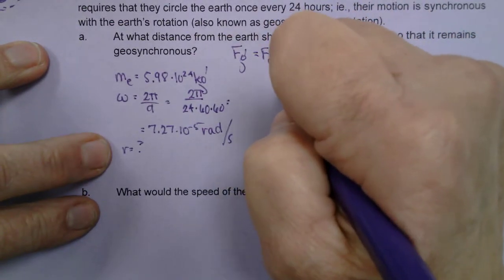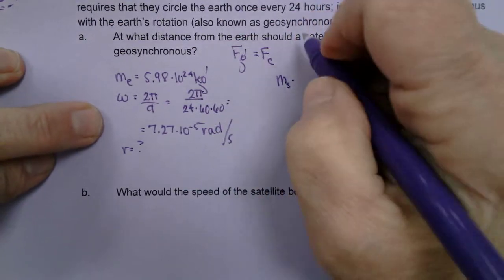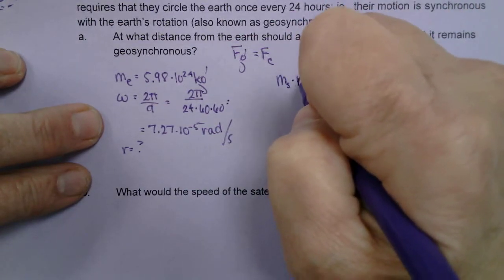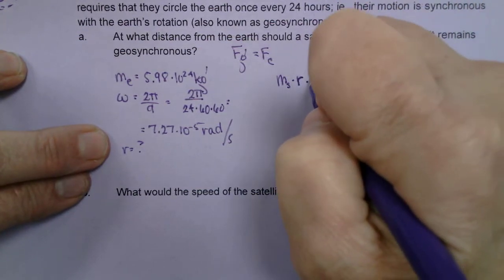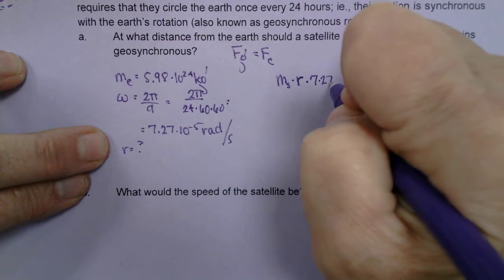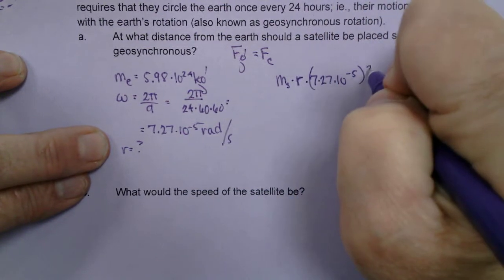So I don't know the mass of the satellite, but I do know the R. That's what I'm looking for, is R. But I do know omega, 7.27 times 10 to the negative 5. But don't forget that you need to square it.